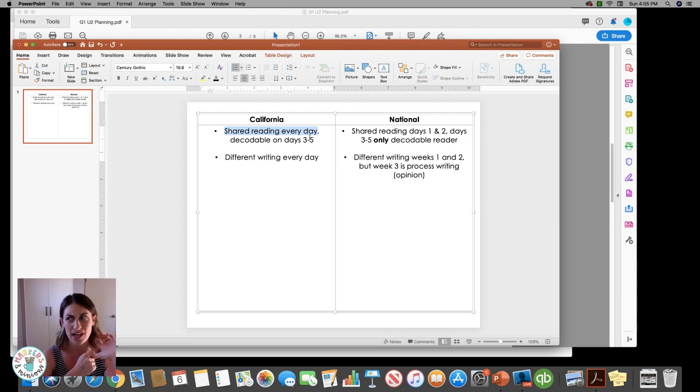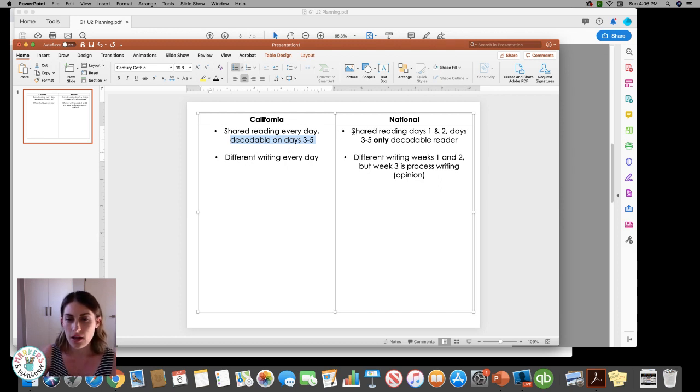It's just kind of like your catch-all. And that's every day. Now, whether or not you do it every day, California teachers, is another story. And then also, the decodable reader is brought in on days 3, 4, and 5. Day 3 for California, it's barely brought in. It's really emphasized more on days 4 and 5 from what I can see.